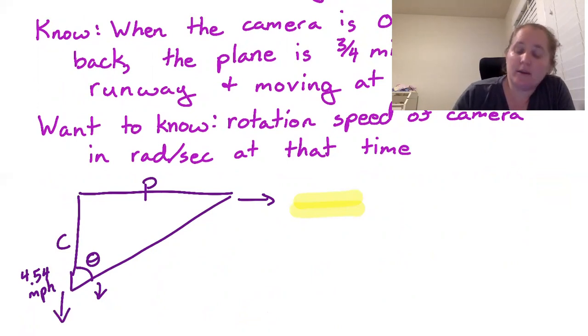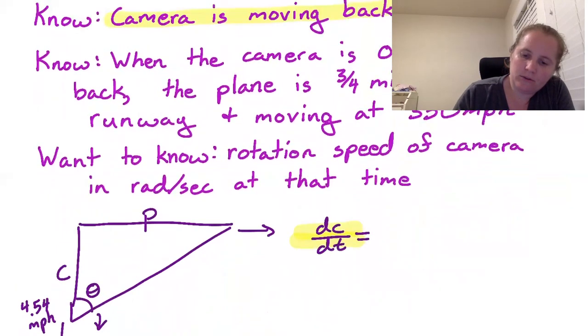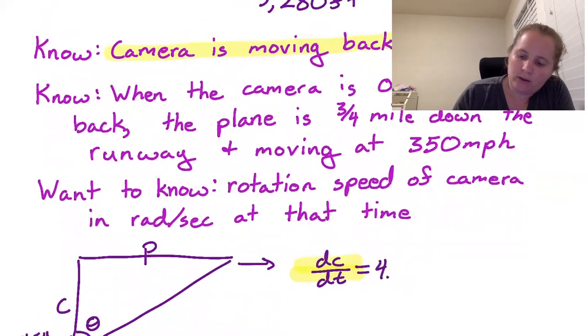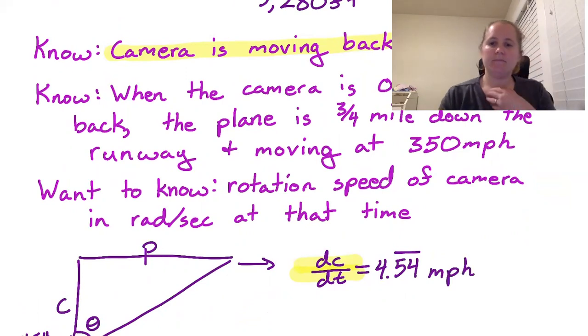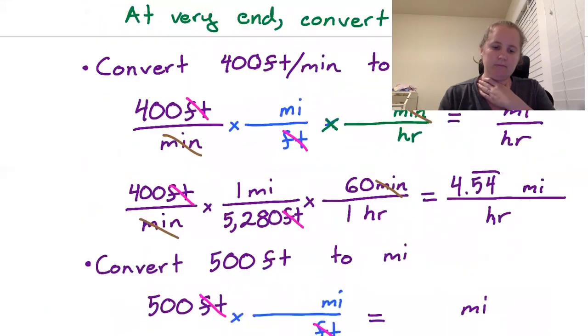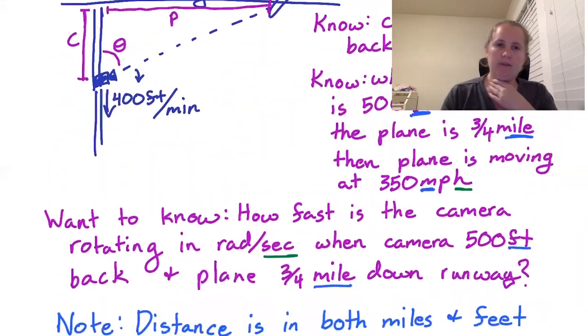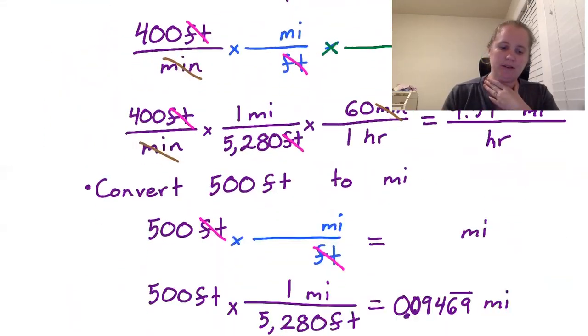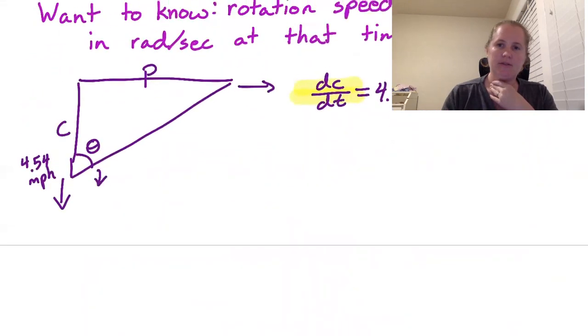Right? The camera moving back is going to be dc dt is equal to 4.54 repeating, and that's in miles per hour. Okay, I was just checking that I drew my original diagram correctly. Sorry for this crazy scrolling.